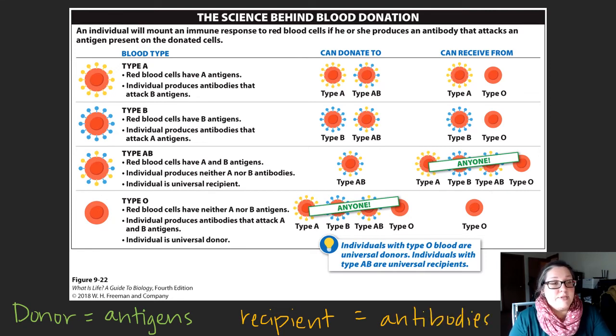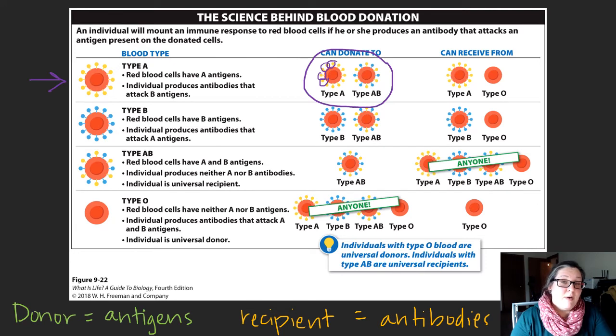Okay, so let's consider this. I am type A blood up here at the top. Now, if I'm donating blood, I have A surface antigens. Those are these little things on the cell surface here. Those are my A cell surface antigens. So I can donate to anyone who has those A surface antigens because they do not make A antibodies.